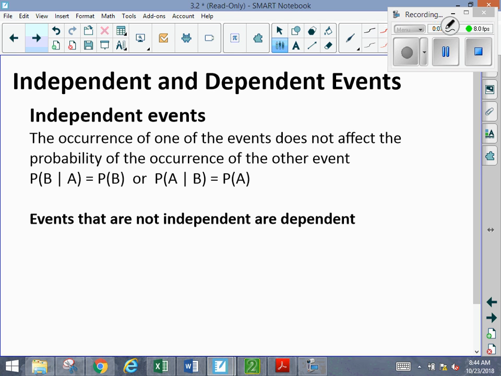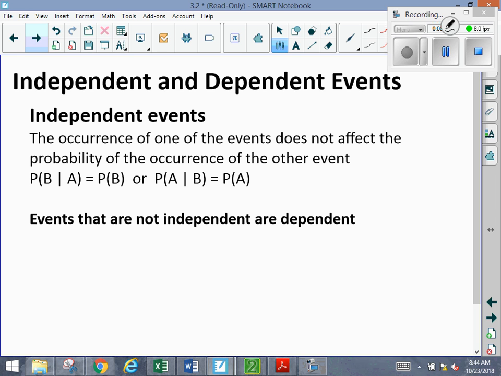As soon as I pull the queen, if I don't put it back, I've changed the next probability. So the first event actually changed the probability of the second event. If that happens, those two events are not independent.